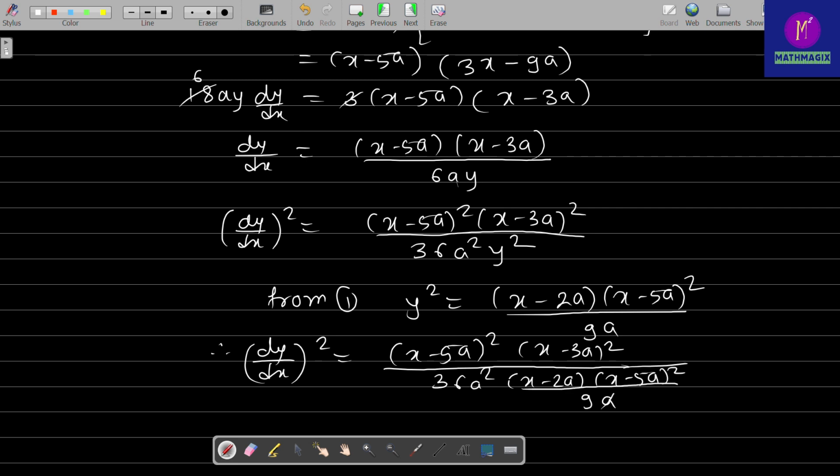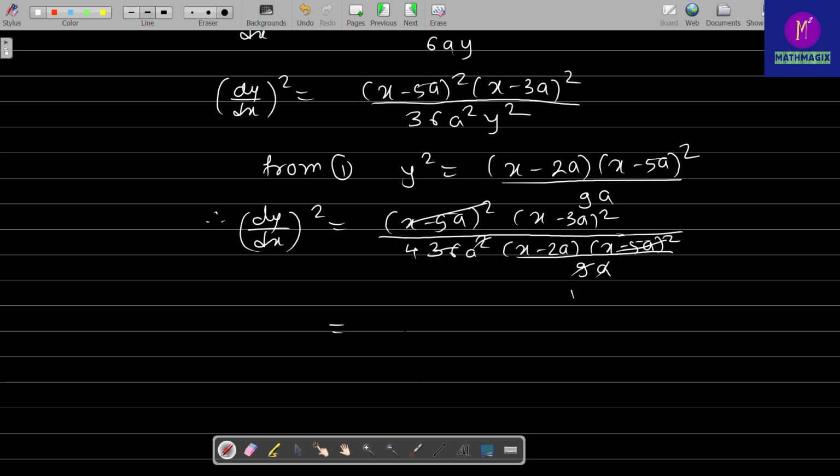So the a gets cancelled out, this is 4, (x − 5a)² also gets cancelled out, and the value of (dy/dx)² is (x − 3a)² divided by 4a(x − 2a).